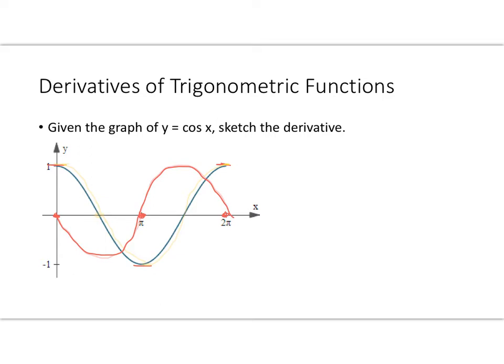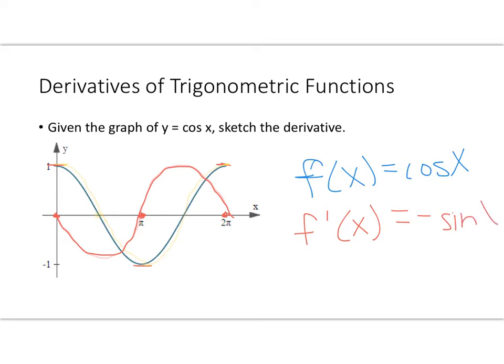And we should see this looks really similar to a sine graph, but it's not quite a sine graph. So remember, our original function f of x was cosine x. And we're trying to figure out what is the equation of f prime of x that we drew. Notice it's an upside down sine curve, so this is equal to negative sine of x.